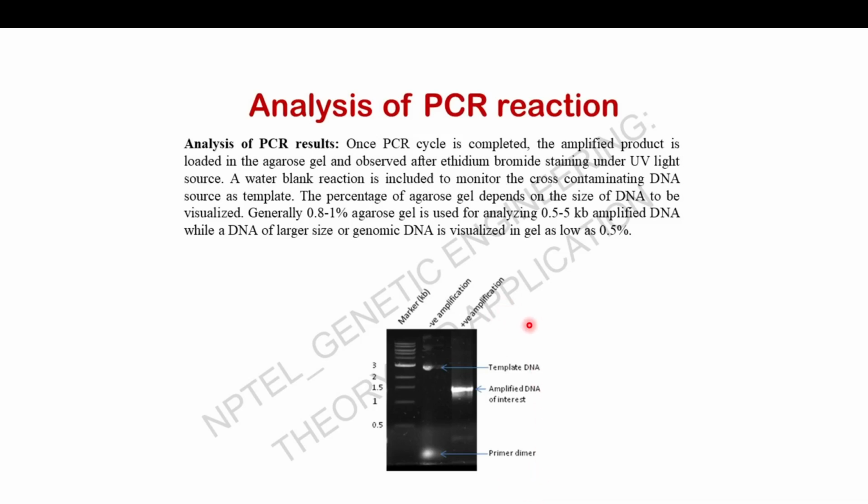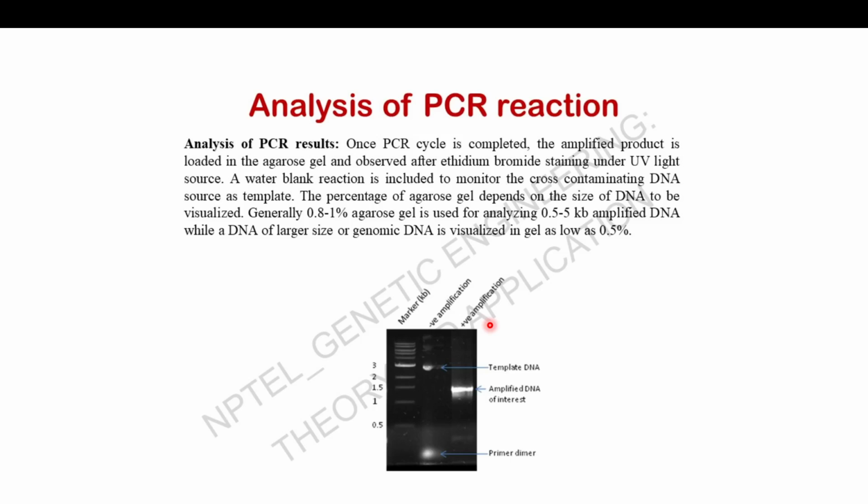So the DNA is loaded on this part towards the negative electrode. The repulsion helps in moving the negatively charged DNA towards the positively charged electrode, and that provides the force for the DNA to move from the negative to the positively charged electrode. But then it moves through the pores formed by the cross-linking of those polymerized molecules.